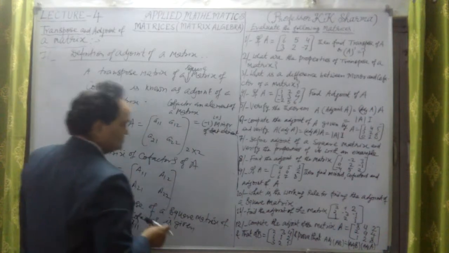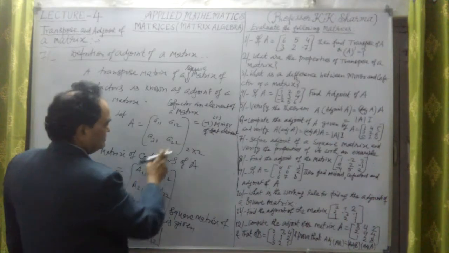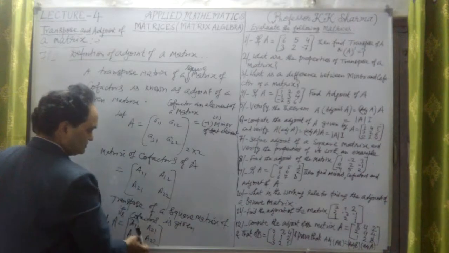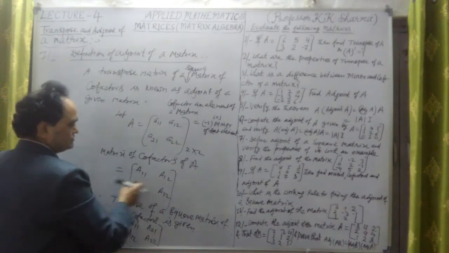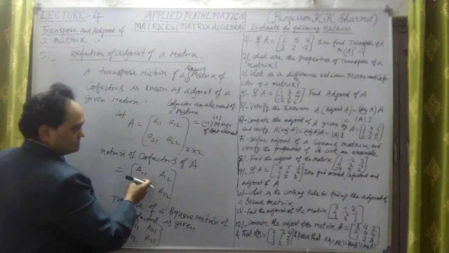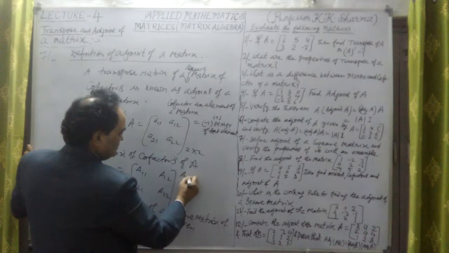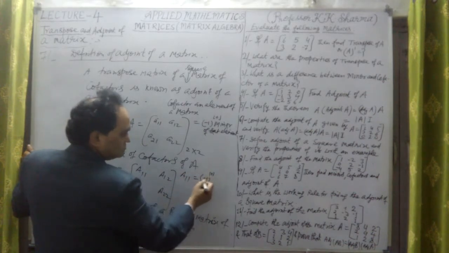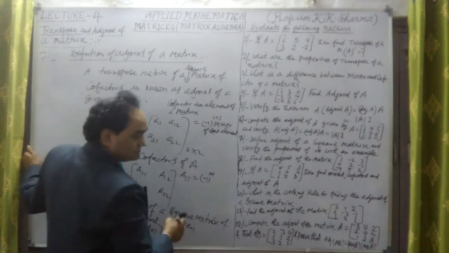This is how we find the adjoint of a matrix. We have taken this illustration, and now I have just transposed it. So this is the transpose of the matrix of cofactors. Now these cofactors are calculated as follows. For example, to find A11, that is minus 1 raised to power 1 plus 1 into the minor of this.